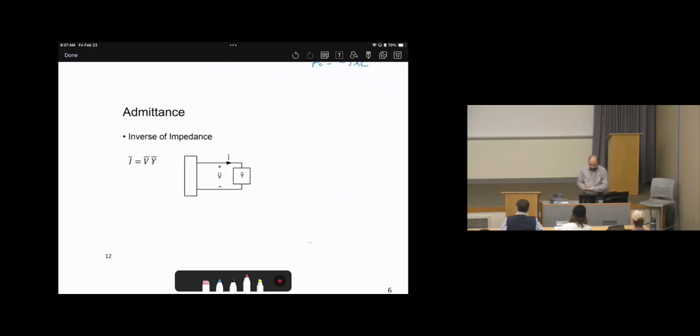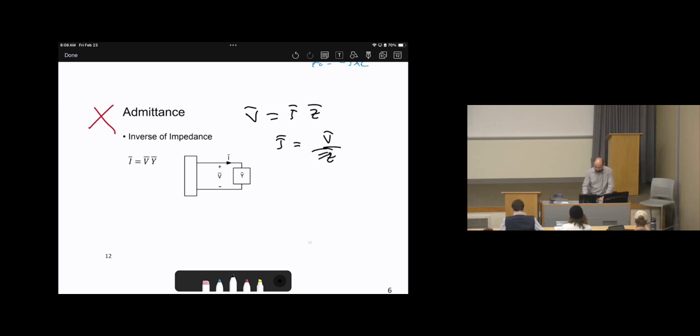Then there is also another definition called admittance. What's this definition? Most likely, this is just for your information. I'm not willing to include this in the course, but in Ohm's law, V bar equals I bar times Z bar. If we need to calculate I bar, it will be V bar over Z bar.